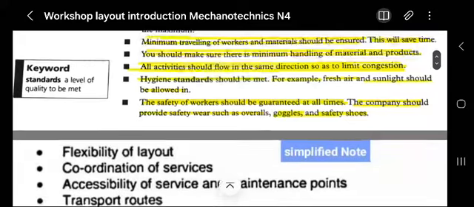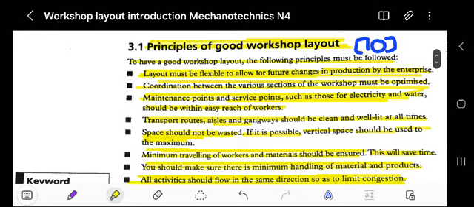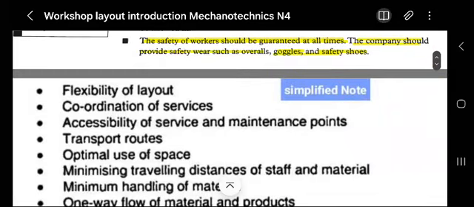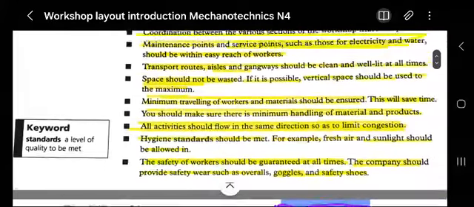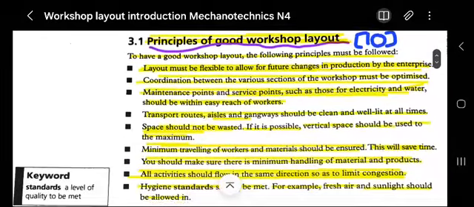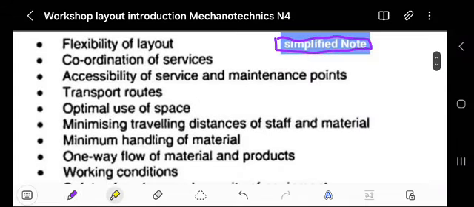Now we're talking about the principles of a good workshop. Here are the simplified notes. You can write them in the exam. Here you can just say flexibility of layout, first point, coordination of service.